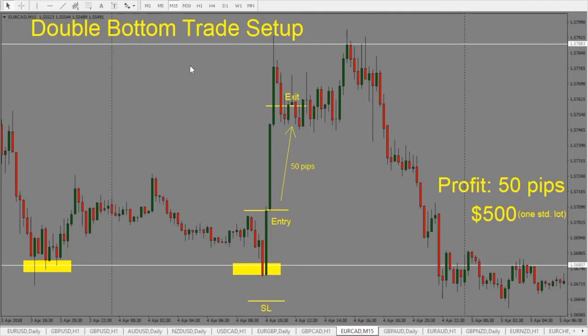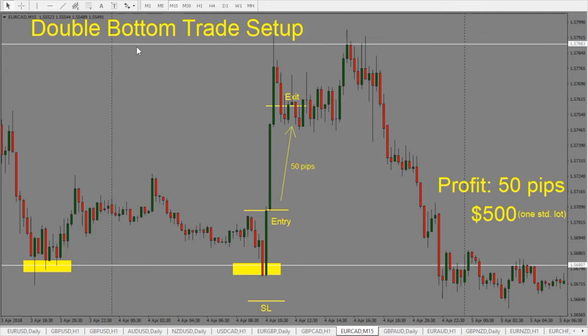So just to recap, a double bottom trade setup is when price comes and tests the level twice and bounces off of that level. This is a bullish reversal pattern and we are looking for price to move up higher after it has put in a double bottom. So once we see this engulfing candle close here, we enter the trade long and we stay with the trade as the price is moving higher.